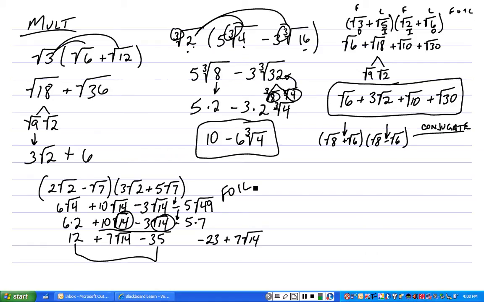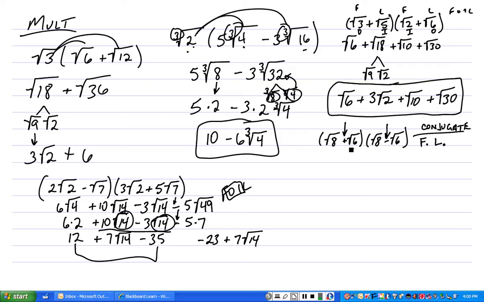But when you have binomial times binomial and they are conjugates of one another, like these two are, then instead of FOIL, first, outside, inside, last, really all you need to worry about is the first and the last. You don't have to worry about the outside and inside because they cancel each other. That's what makes them conjugates, because they cancel each other.